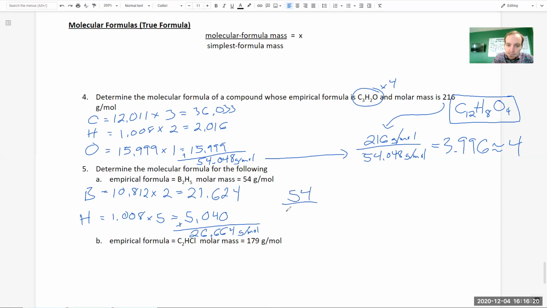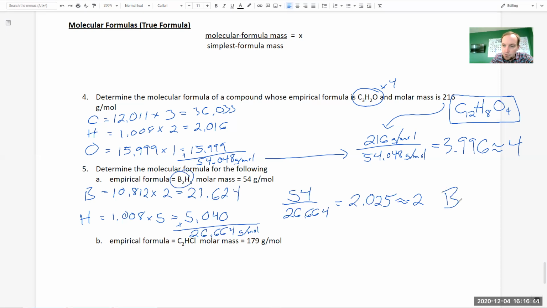Okay, so again, they tell us that the molar mass of the molecular compound is 54. I'm going to divide that by 26.664, and what I get is 0.25, which again is pretty dang close to 2. So what I'm going to do is multiply the empirical formula, this right here, by 2.